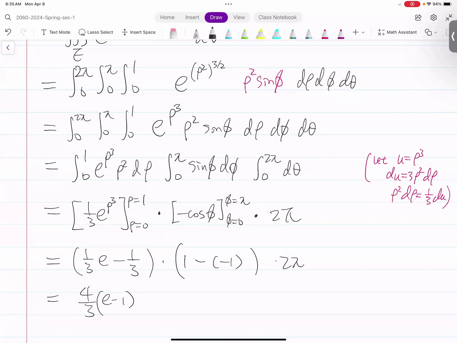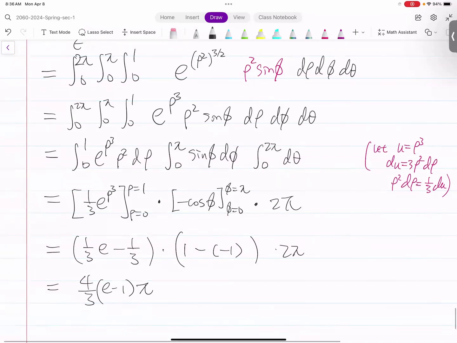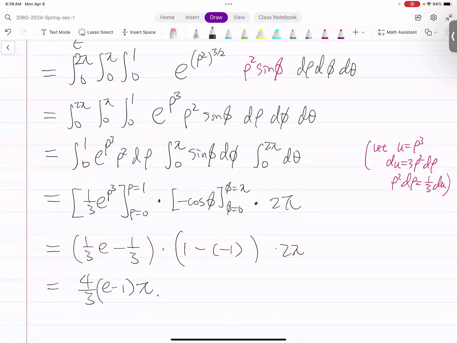Oh, this is a pi. It's pi there. Don't forget this. Let me just put a pi at the end. So we have 4 pi times 1/3 times e minus 1. So that's good.